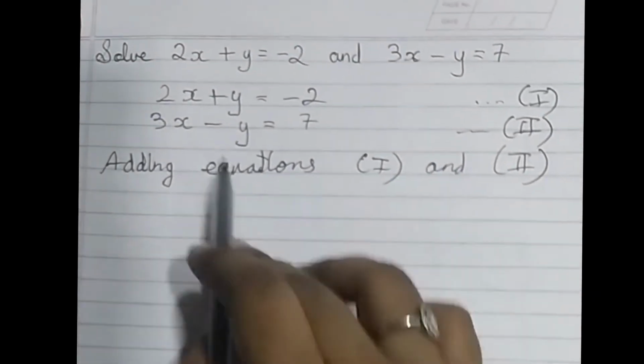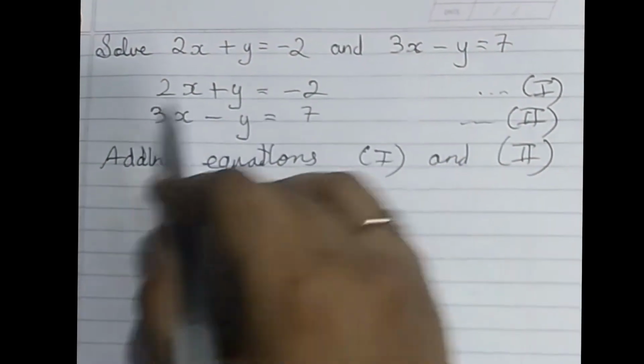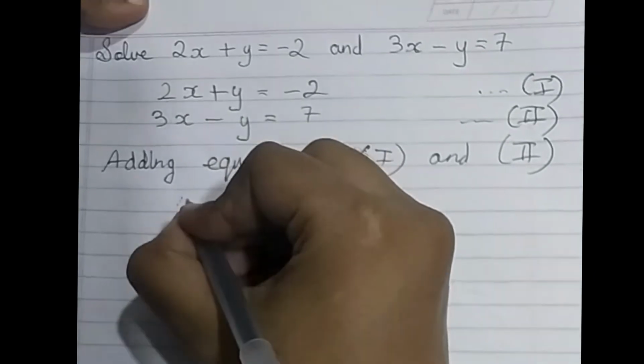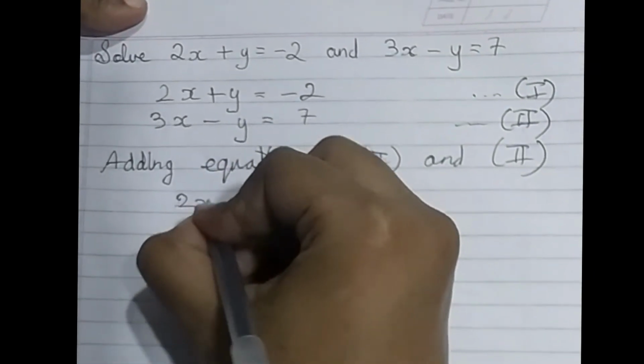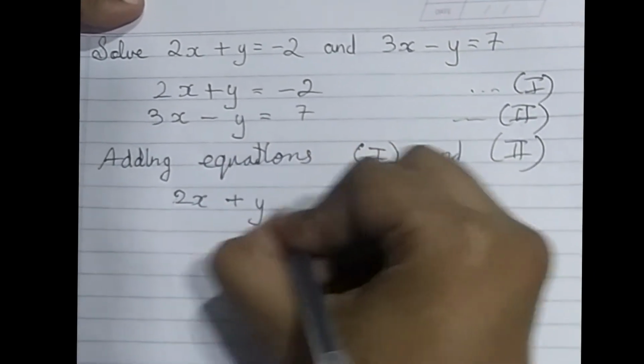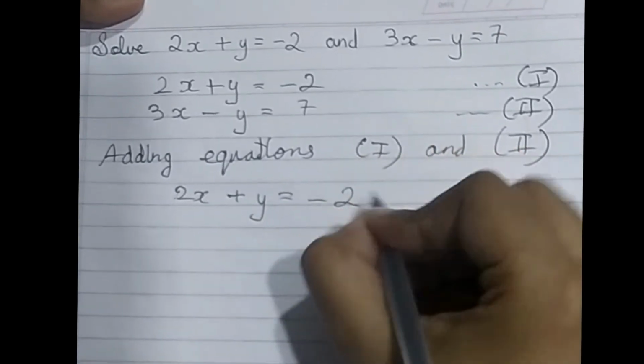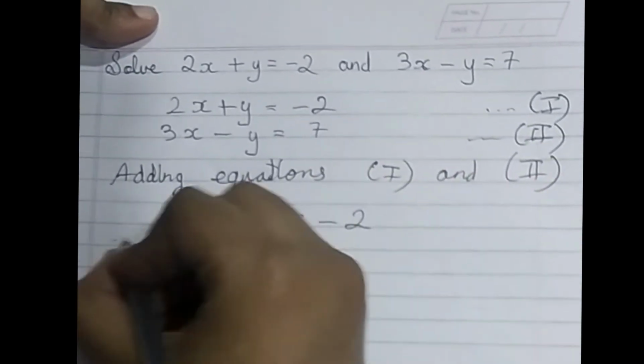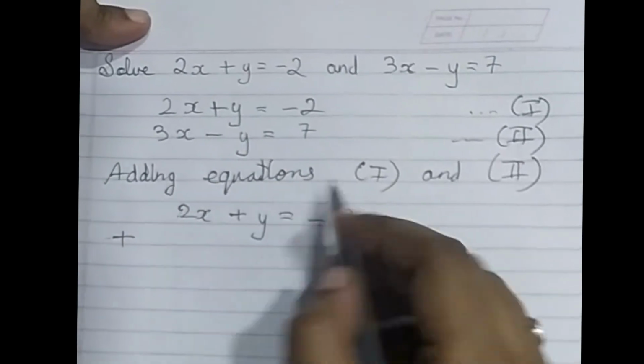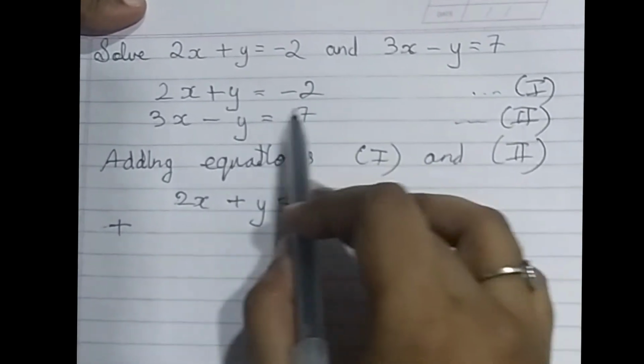So adding equations 1 and 2, how will you add? First we will write equation 1, and then we put a plus sign and write the second equation.